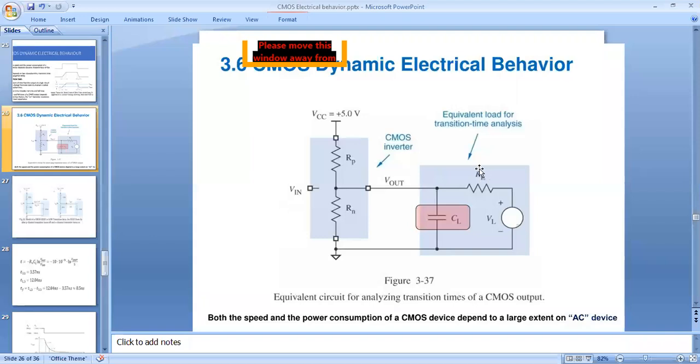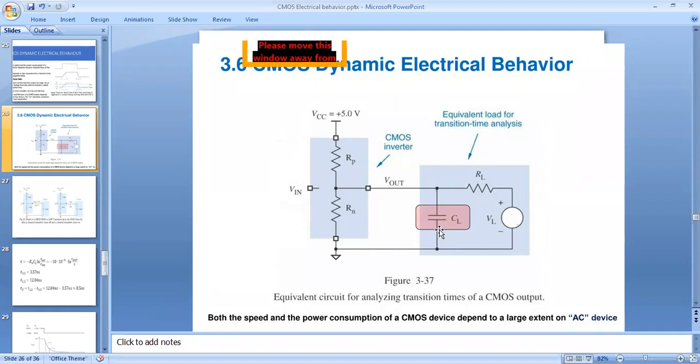In the previous circuit we already studied the load circuit which is considered with only one Thevenin's V and Thevenin's R. Up to this Thevenin equivalent you know. But here we consider the load capacitance to calculate a transition time. So that is here we study about AC analysis.